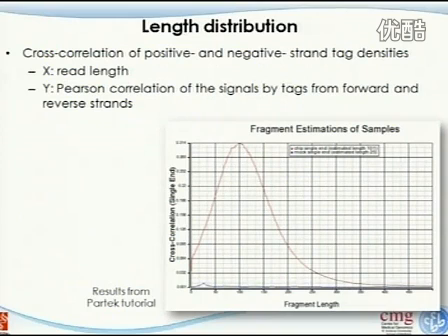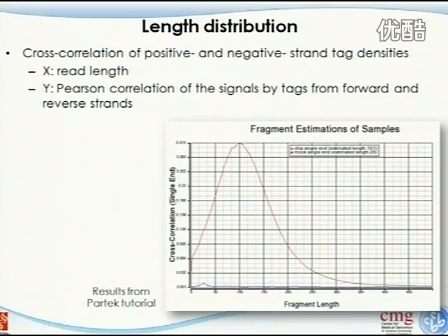What you do here is a cross correlation of positive and negative strand tag densities. Okay, you get all the tag densities on the positive strand and on the negative strand, and then you do the correlation. So you can see X here is the fragment length.